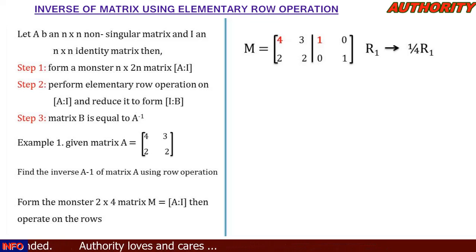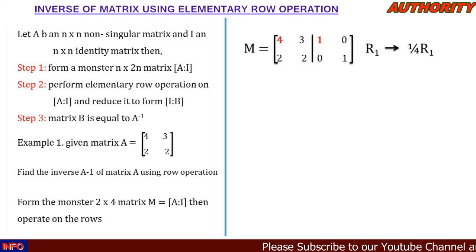So we want to change this matrix, 4 3 2 2, to become an identity matrix, and then the other side is going to come out with some values.